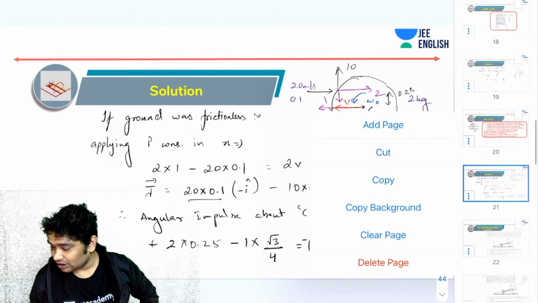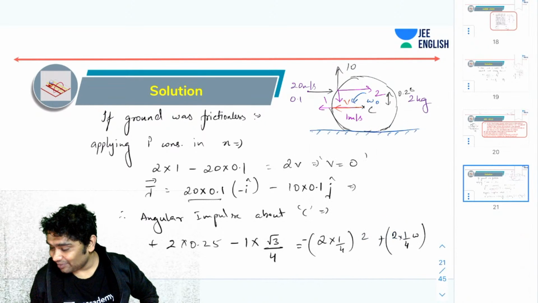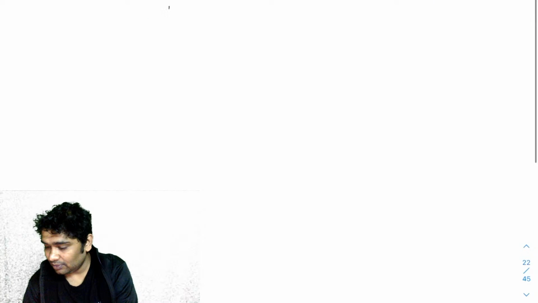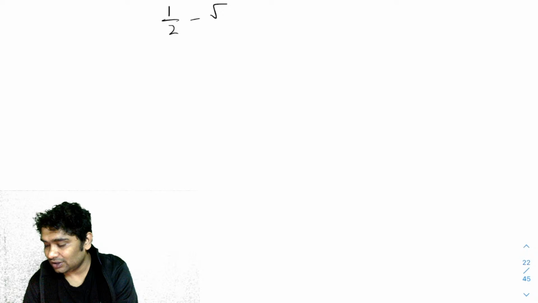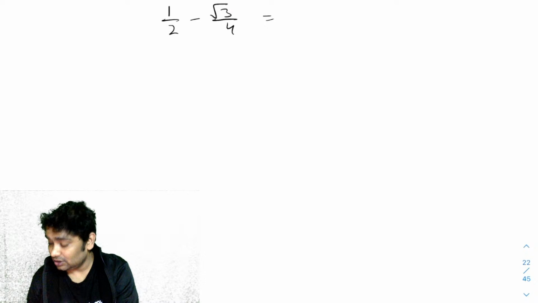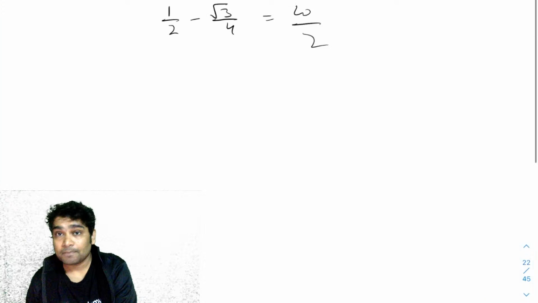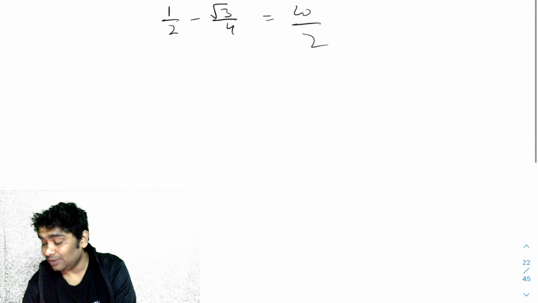If friction was not there, what kind of impulse am I getting? So now let's see what I have. So 1 by 2 minus root 3 by 4, 1 by 2, equals, and this is 1 by 2, so it is visible, omega by 2 minus 1.